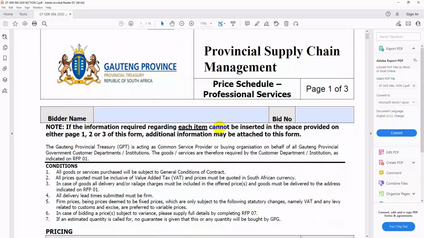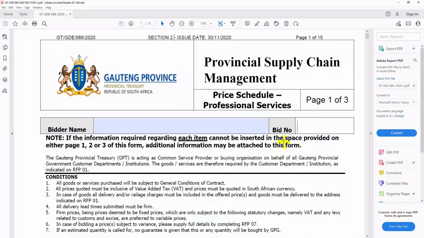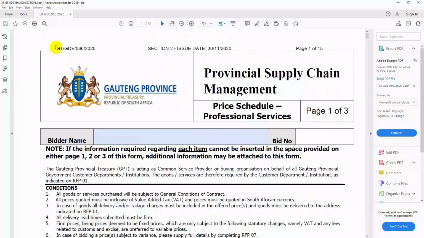So here I will take you through how to complete this form and how to do your pricing schedule. This is where you write your bidder name. This is the company that is bidding, and the bid number. The bid number, remember, is that RFP, the GT-GDE 066/2020.